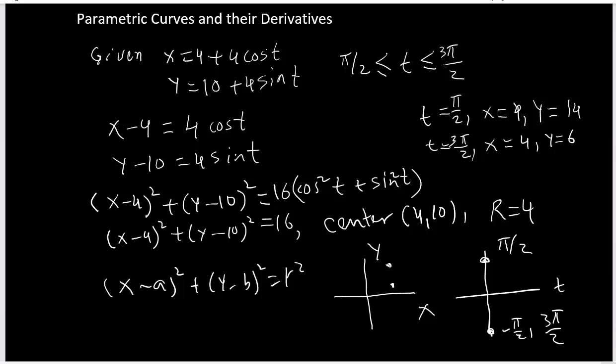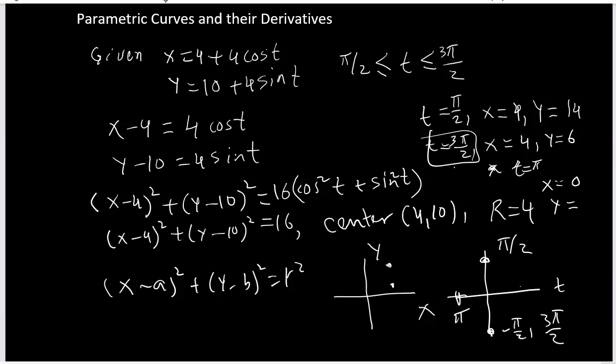All right. Now we need to check between pi by 2 and 3 pi by 2. We can take some value, let's say pi on this side. So pi will be on this side here, right? So you can take pi here. When you are saying pi, cosine pi is negative 1. So t equals pi, then x will be 4 plus 4 times cosine pi, which is negative 1, so x is 0.